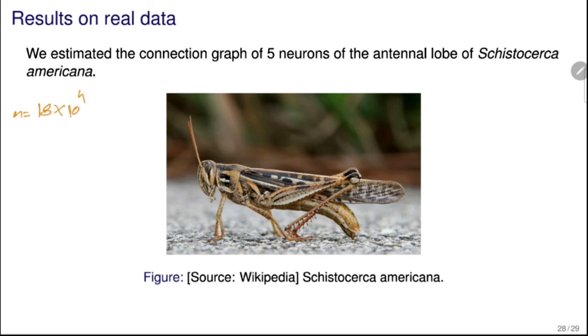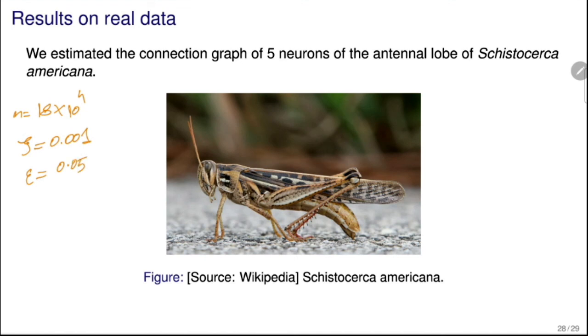And we apply the interaction graph estimator with psi equal to 0.001 and epsilon equal to 0.5.